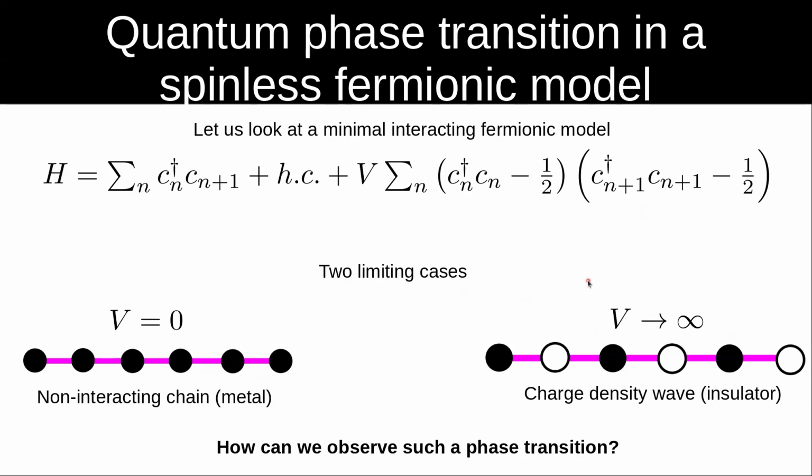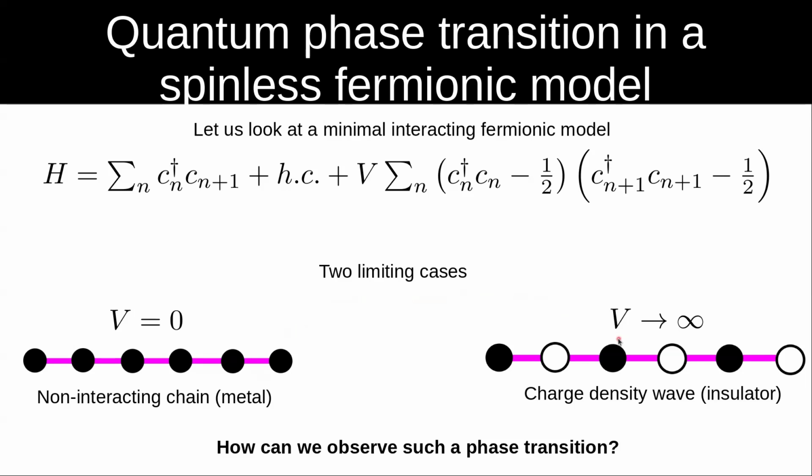And it's an eigenstate of the Hamiltonian because you no longer have hopping. If you have both hopping and interaction, there's going to be at some point a phase transition between these two states. So the question that we want to answer is, how can we see such a phase transition? And to answer this question, what is important to note is that in the limit where V is equal to infinity, we actually have two ground states in the thermodynamic limit.